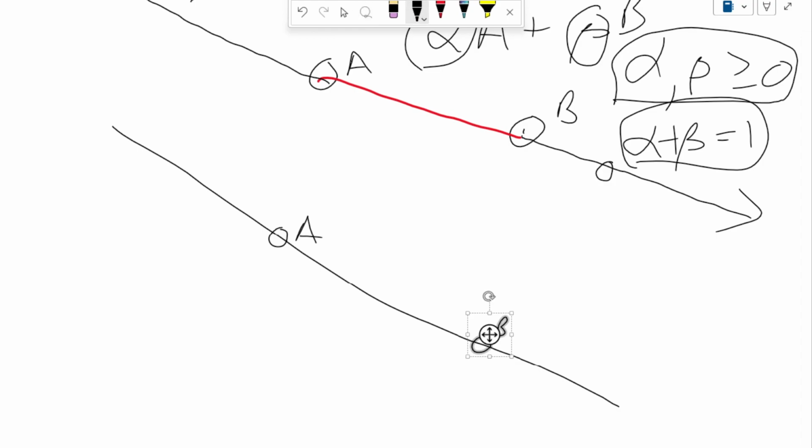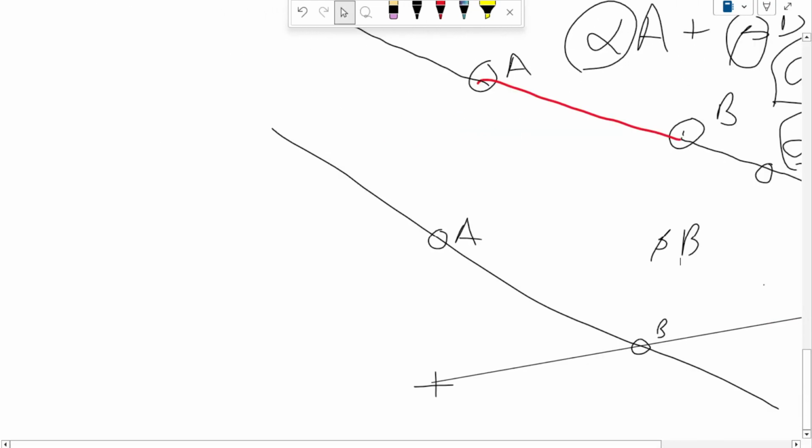Okay. So we can ask, why does taking an affine combination give you this line? Well, let's assume the origin is here at this plus, right? So if I take beta to be big, I'm gonna end up out here somewhere, if I just take beta times B, because I'm scaling B from the origin.